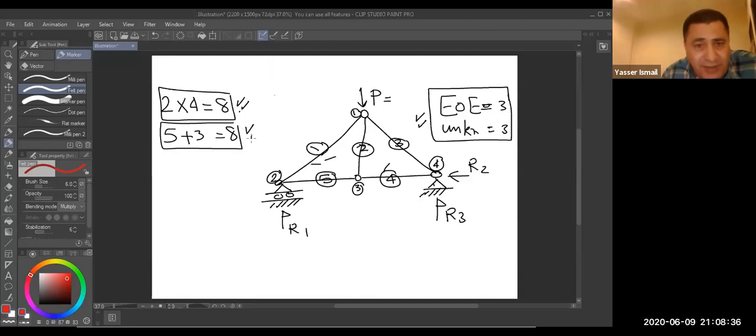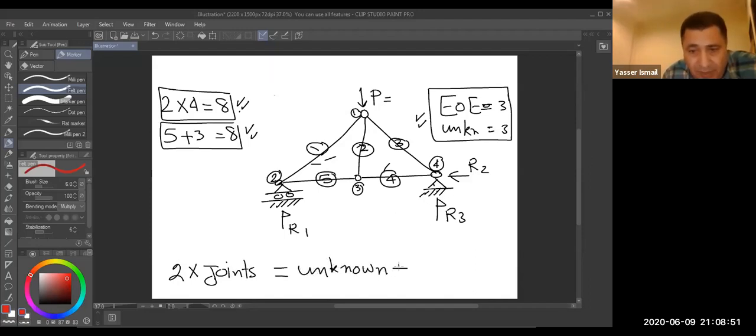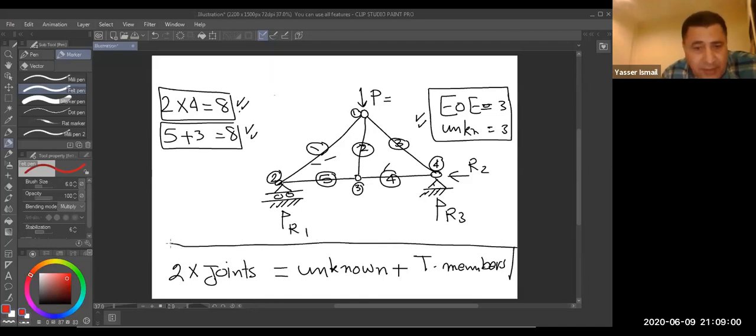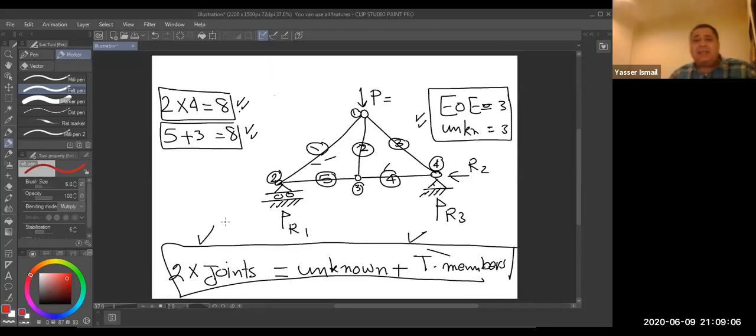What is the equation then? 2 multiply joints should be equal unknowns plus total members. If this part is not equal to this part, that means this truss is not stable.